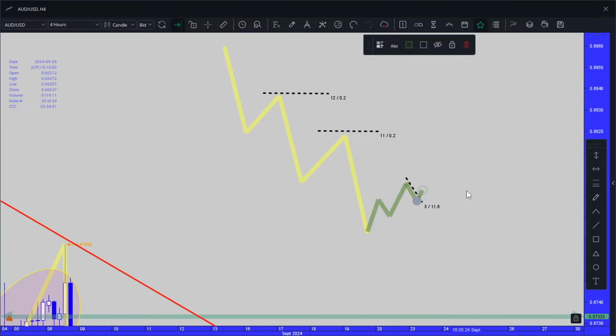Abdu says short-term up. The question is, Abdu, is this an uptrend or not? If you say yeah, this is an uptrend, then I'm going to buy.